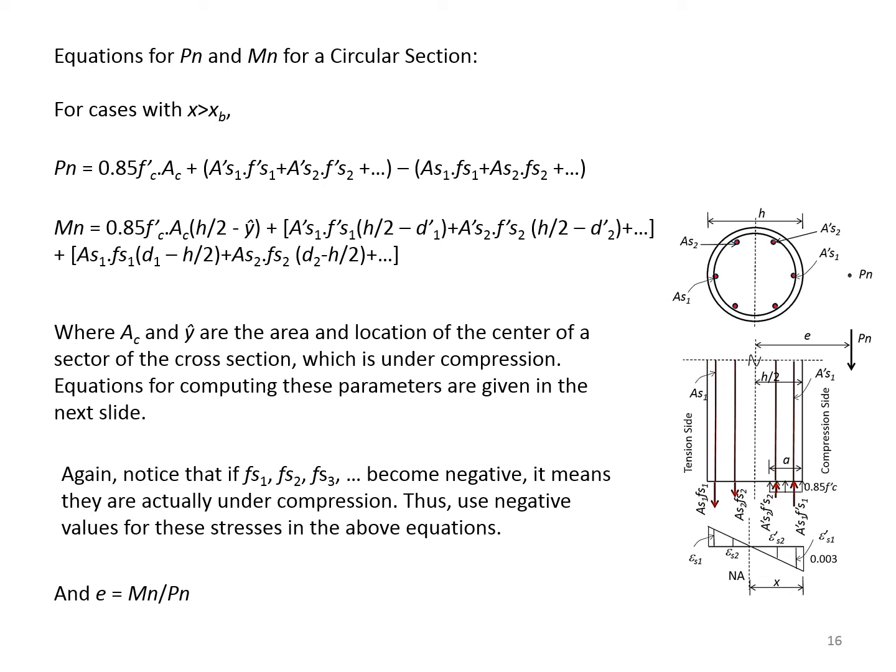Equations for computing these parameters are given in the next slide. Again, notice that if Fs1, Fs2, Fs3 become negative, it means they are actually under compression. Thus, use negative values for these stresses in the above equations. And again, in here, the eccentricity is equal to Mn divided by Pn.